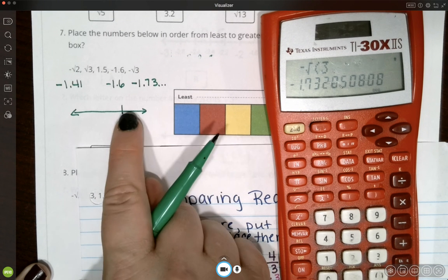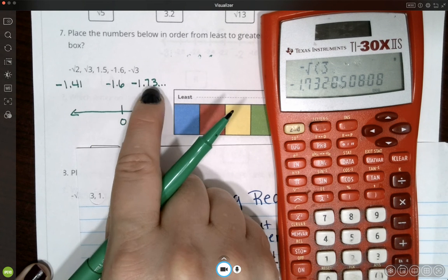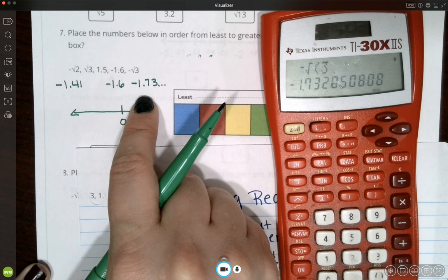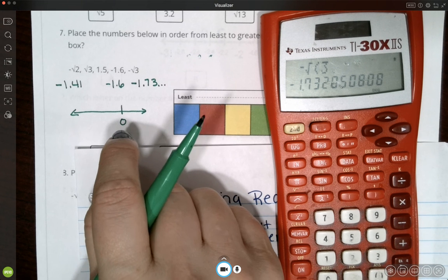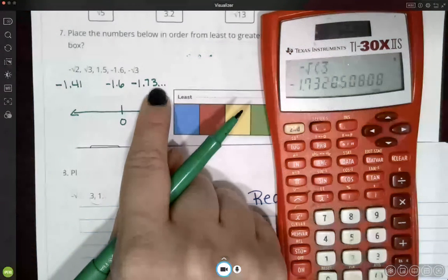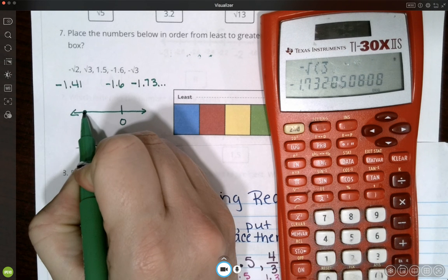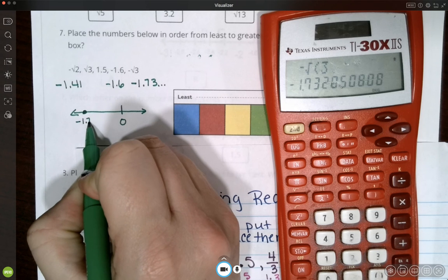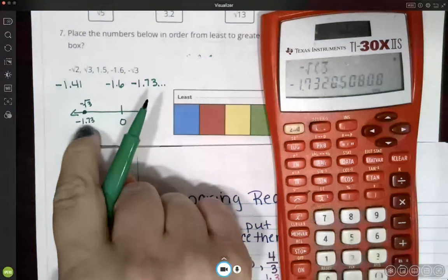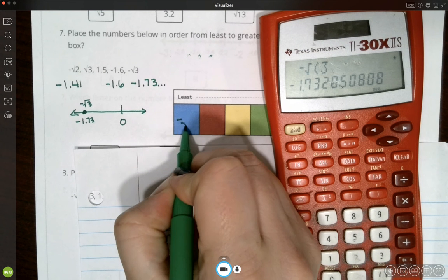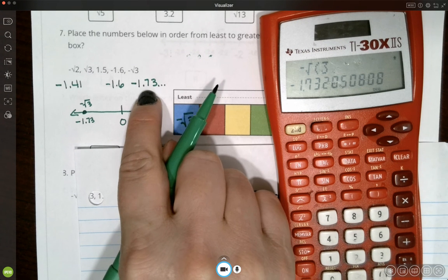Okay, so as I list these on the number line, when I am negative, the bigger the number that's negative, the smaller I am. The bigger the number of negative, the smaller I am. So in this case, negative 1.73, or negative square root of 3, is the smallest because it's the largest negative.